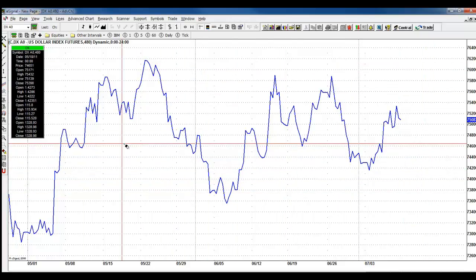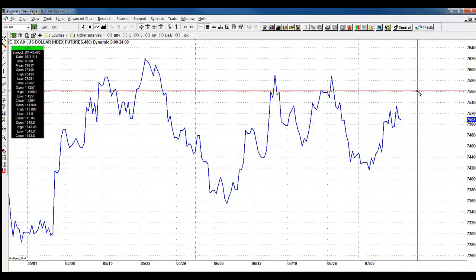Now the bullish dollar triangle goes like this.